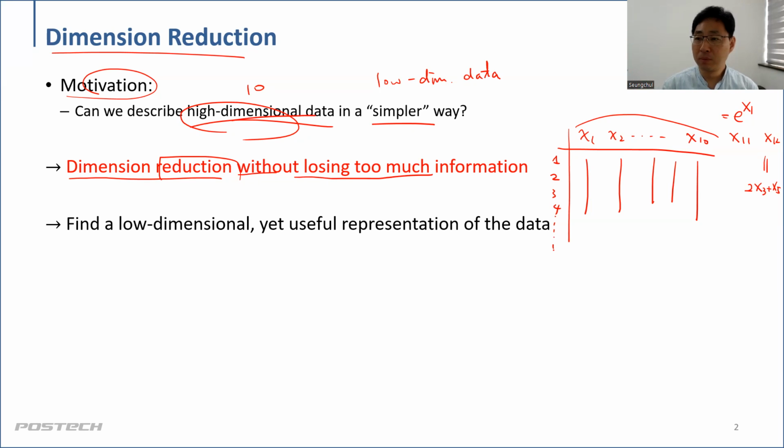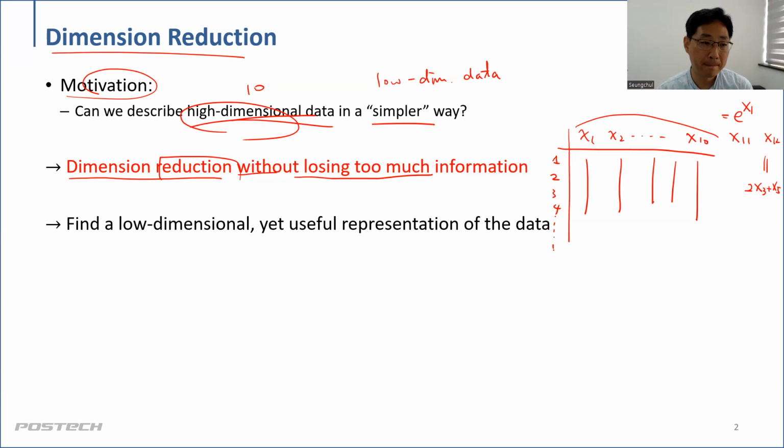In general, the data set that you might face is in high dimensional space, but we believe that a low dimensional data set or simpler representation is better, so we want to conduct dimension reduction, which is good. But the thing is that we want to do dimension reduction without losing too much information.